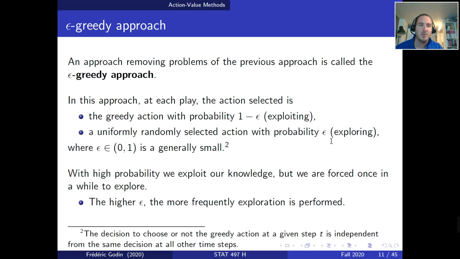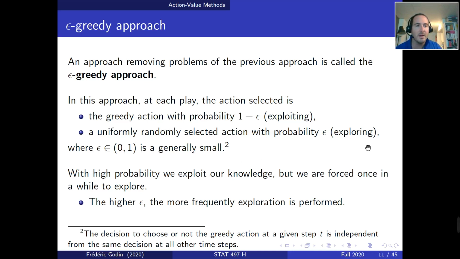Just a quick detail: in the epsilon-greedy approach, with probability epsilon, you sample uniformly from all actions, maybe even the greedy one. So the second case includes both the non-greedy and greedy actions.